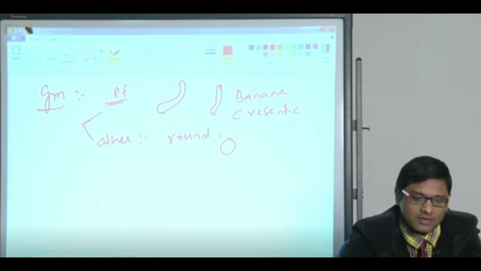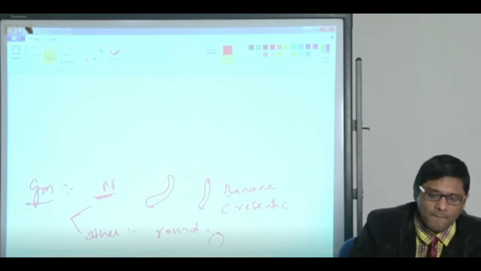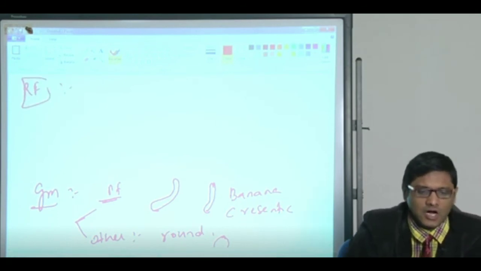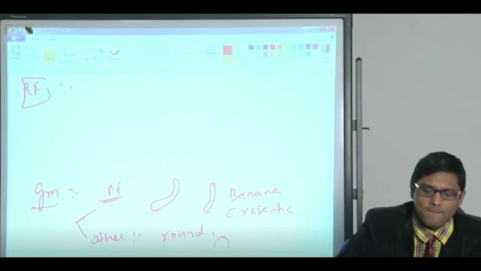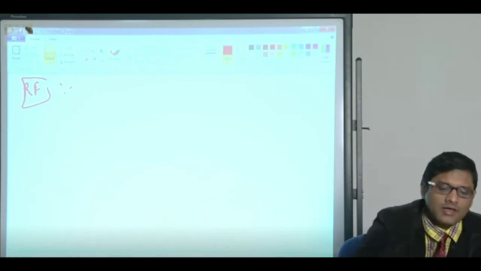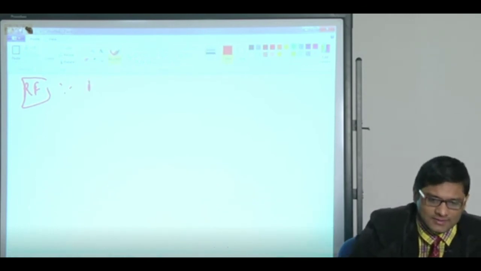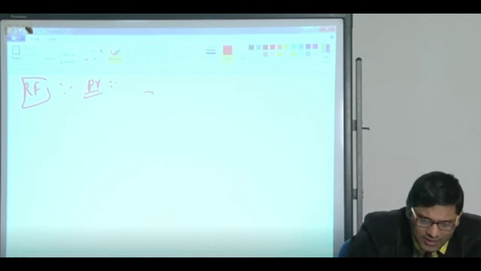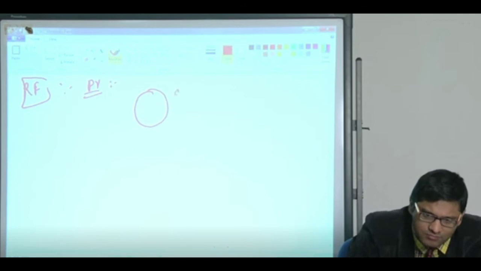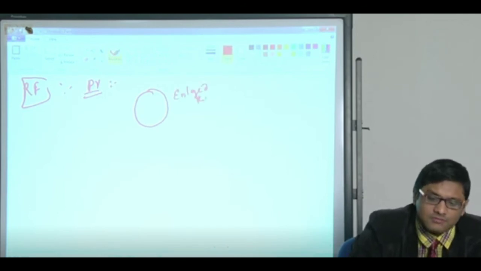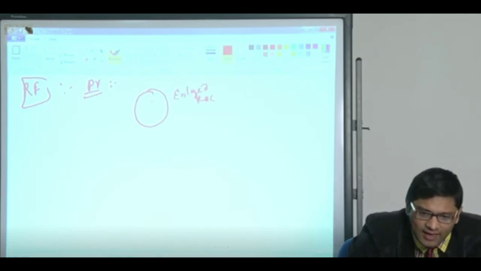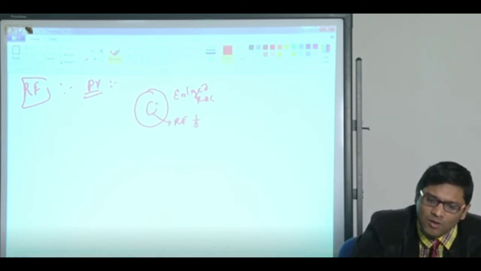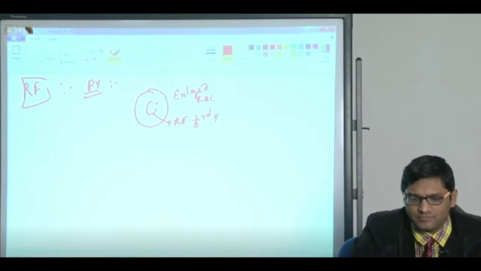Then the most important part, the ring form, a very frequently asked MCQ. Based on what can you differentiate? Ring form of vivax: vivax has an enlarged RBC, having an enlarged ring form. The ring form occupies one third of the space of the RBC.